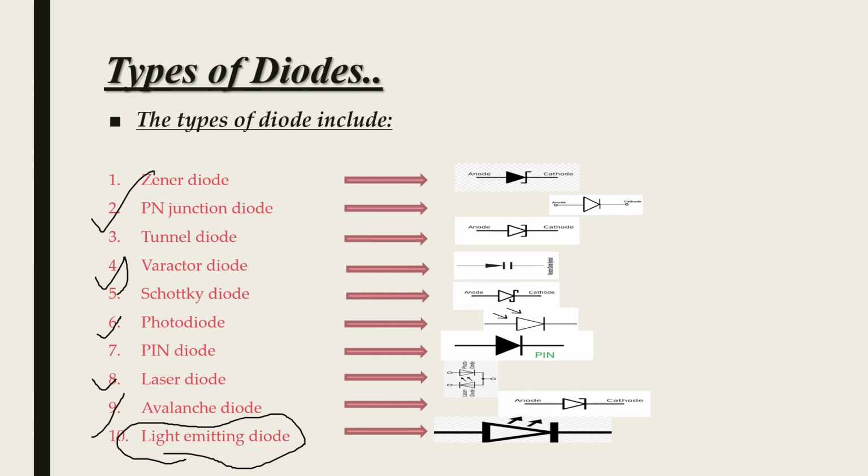And the basic uses of diodes are generally to protect electronics, lights in our homes, and remote control signals, and it's also used to filter out the signals in radios, and so many uses are there.